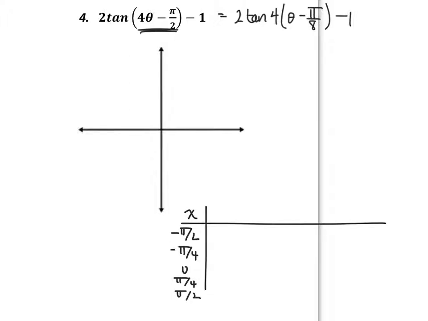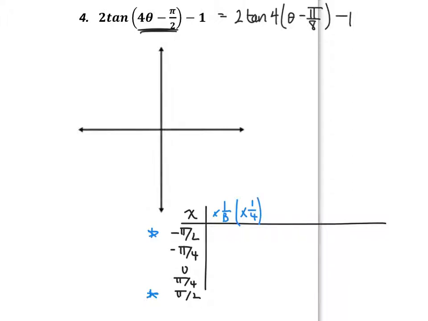And remember that negative pi over 2 was an asymptote, and this pi over 2 was an asymptote. So the beginning and the end are asymptotes. Like we did before, you are going to multiply by 1 over b. In our case, what's b? So we're going to multiply by 1/4.